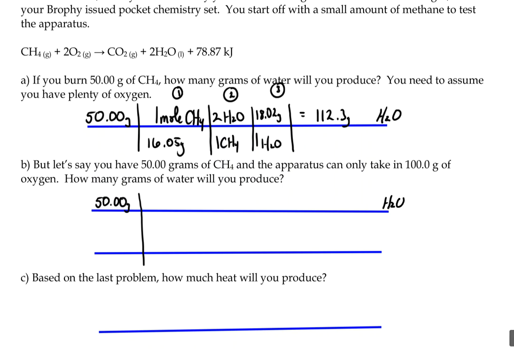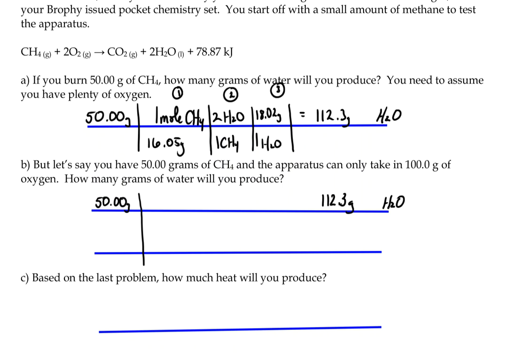And you know what? I've already done that problem, right? So I know that this problem is 112.3 grams. In other words, if my methane is indeed my limiting reactant, then I should get 112.3 grams of water.